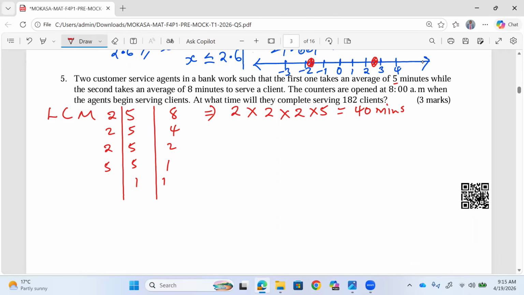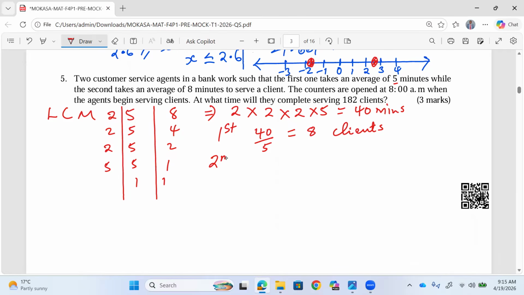Now, after the 40 minutes, how many clients will have been served? The first will have served 40 minutes over the rate, which is 5, so 8 clients within 40 minutes.